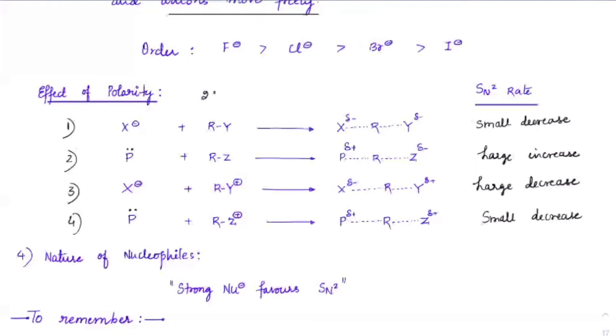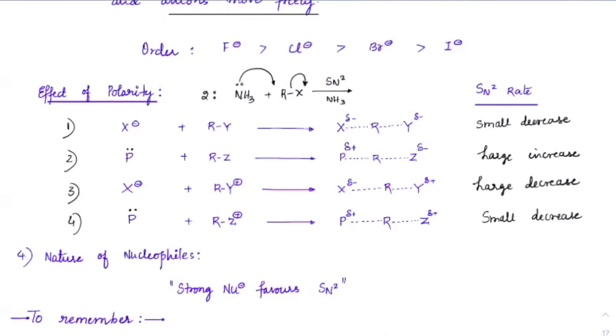Both of them are neutral. So when ammonia attacks, X minus leaves. This is an SN2 reaction, much favored in a solvent like ammonia. That means ammonia itself is acting like a solvent here. So this is solvolysis.